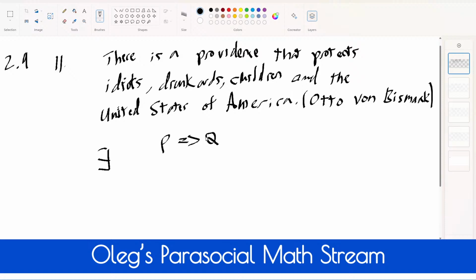For all members X contained in X, comma, we're gonna say Q is X, and we're gonna say X is, we're gonna say all drunkards, hang on.